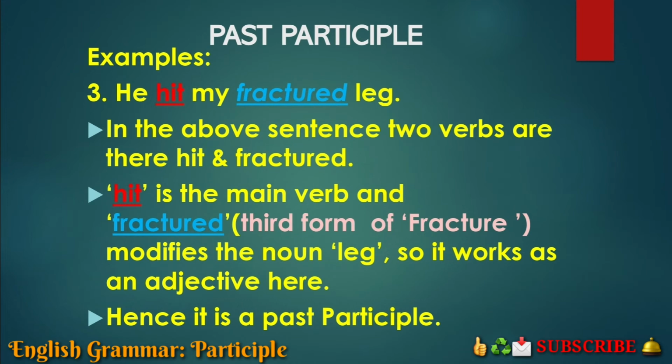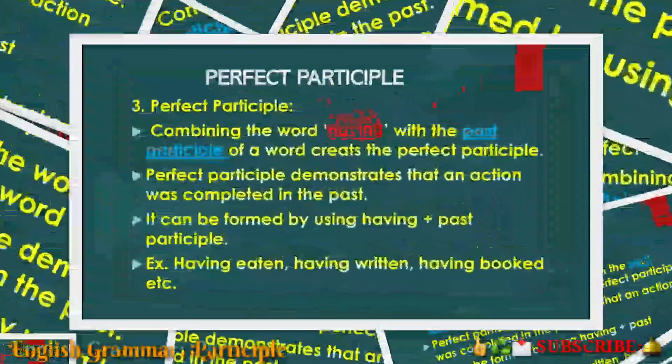But hit works here as the main verb, and fractured, the third form of fracture, modifies the noun leg. So it works as an adjective here. And when a verb works as an adjective, it is called a participle. So here it is a past participle. Okay, students, have you understood? Very good.